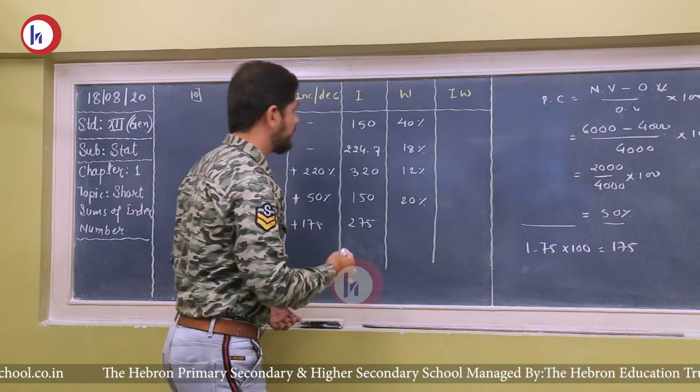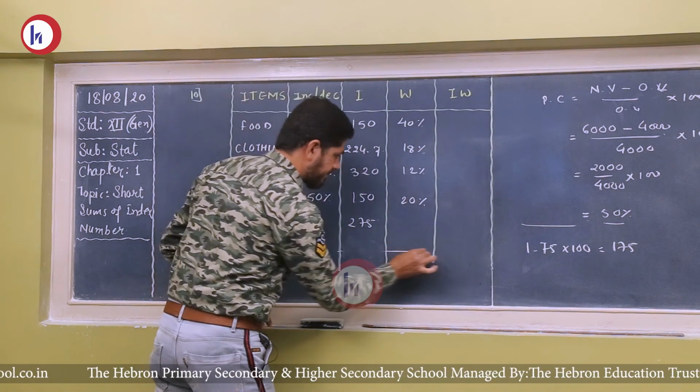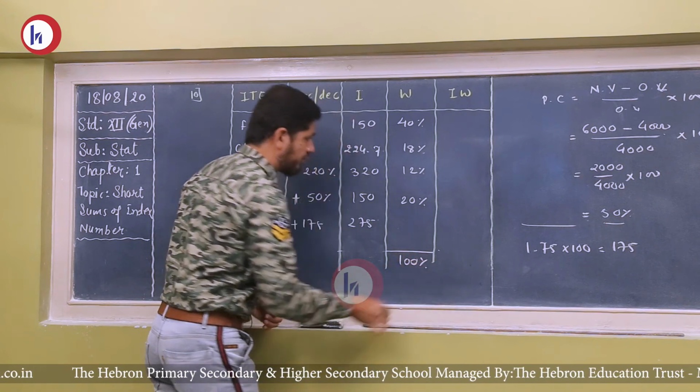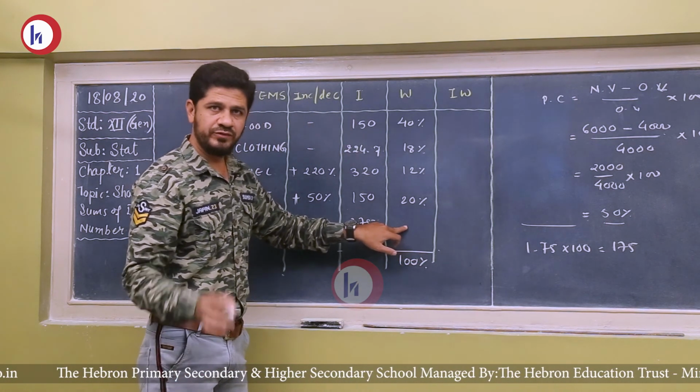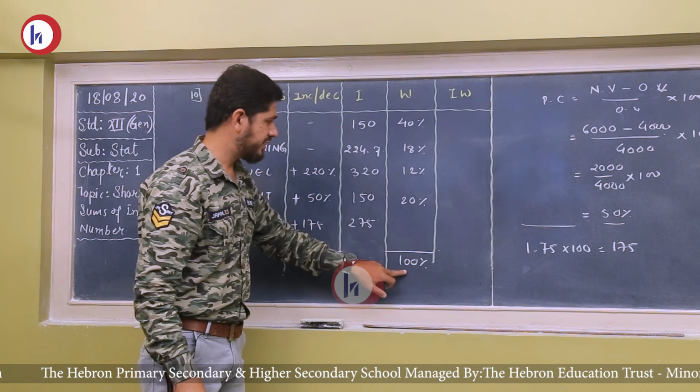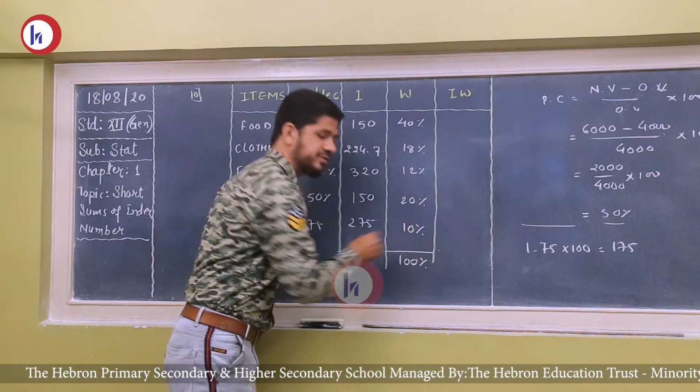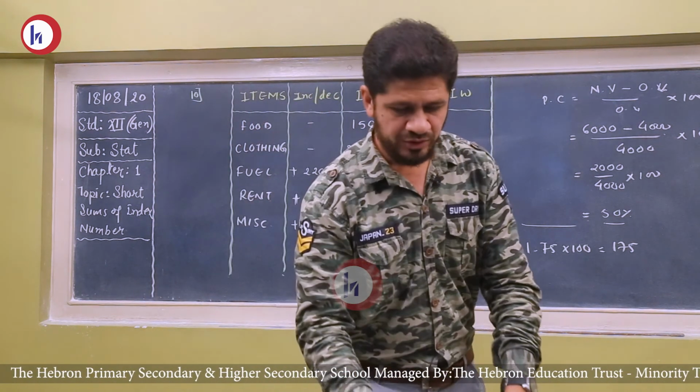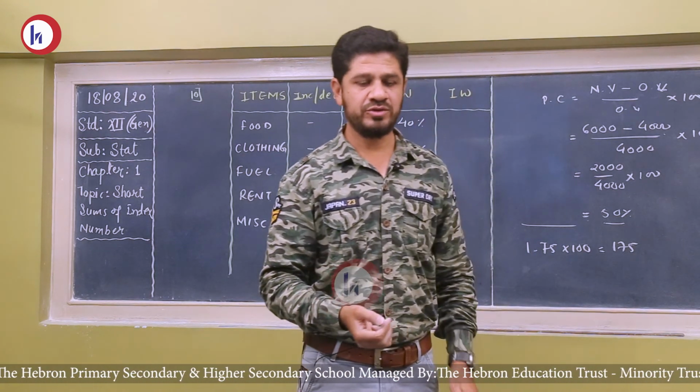Okay, so we know the total percentage is 100. So what is the missing amount? If you calculate and deduct all these values from 100, we'll get 10%. Okay, so now you can solve the remaining sum by yourself.